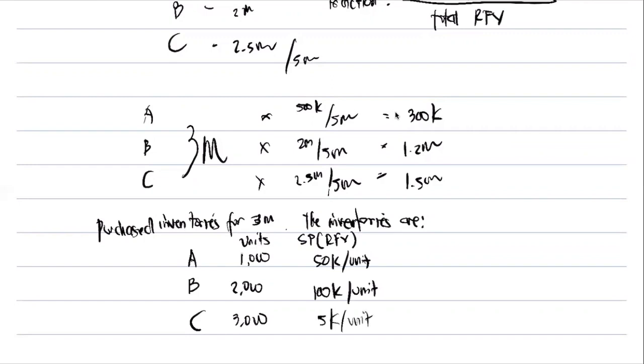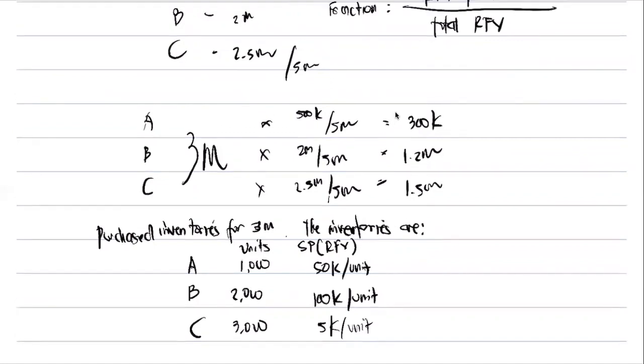So what we do here is we get the total relative fair value. What's the difference between the first example and the second example? In the first example, the relative fair value per inventory was automatically given. Here, we need to first get the relative fair value of each particular inventory. So for letter A, we have 1,000 times 50,000, which is 50 million pesos.